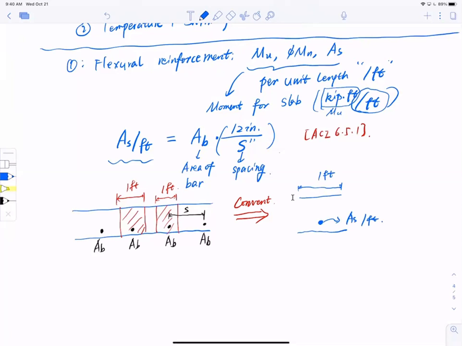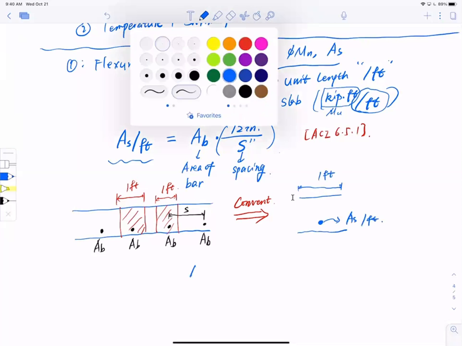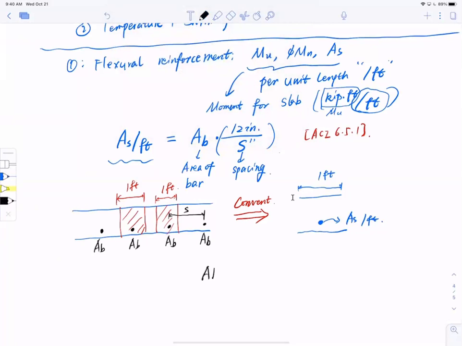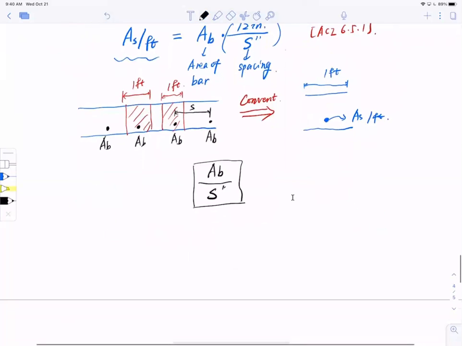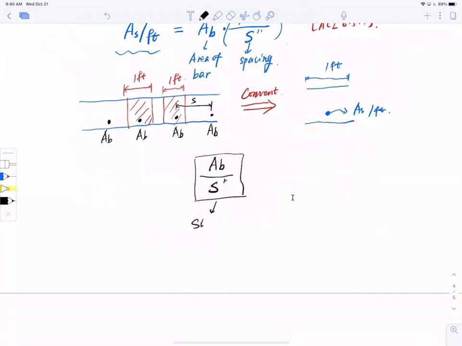All right, so how to do the conversion? I got to satisfy A bar, use black, looks better, A bar divided by S. Because this essentially you can think of as steel provided per spacing, per distance.